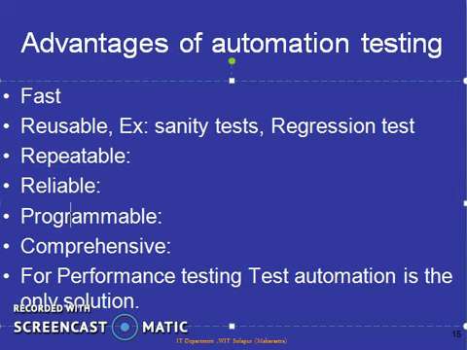If it is manual testing, for each and every test execution human user interaction is mandatory. So these are very important advantages. We can execute a batch, a collection of a number of different test cases, without any human user interaction. That is one main advantage of automation testing.